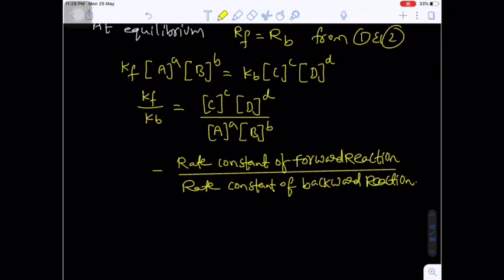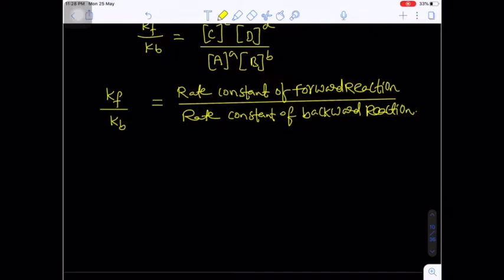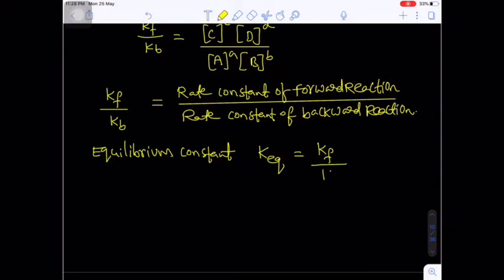Now this Kf by Kb, the ratio between the rate constant of forward reaction to that of the rate constant of backward reaction, is called equilibrium constant. Is called what? Equilibrium constant. Equilibrium constant is a ratio between the rate constant of forward reaction to that of the rate constant of the backward reaction.